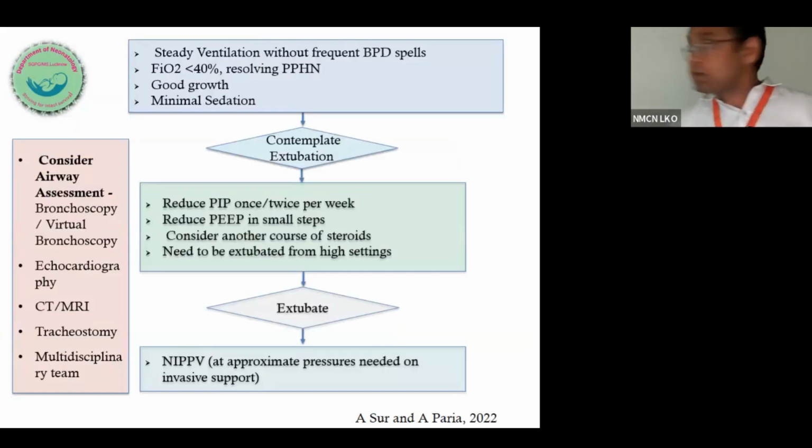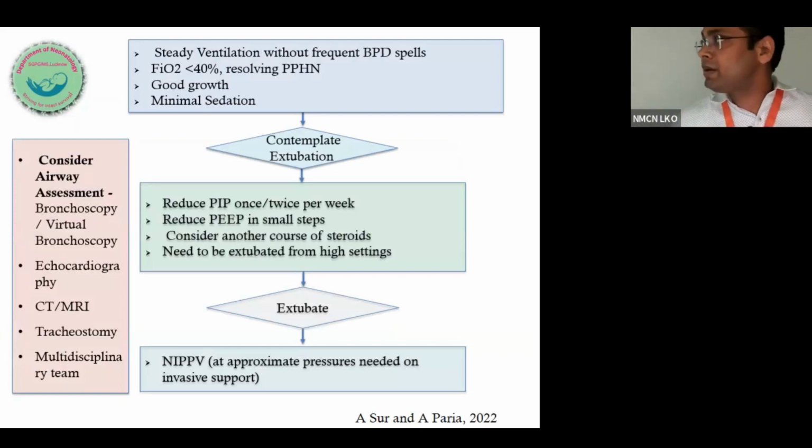Suppose the baby is improving, then we can contemplate extubation, and we should slowly wean this baby to NIPPV. But if the baby is not improving, then we can consider bronchoscopy or virtual bronchoscopy. Suppose the child is having frequent BPD spells, in this scenario bronchoscopy can be considered, or if there is no improvement, then echocardiography for pulmonary artery pressure assessment.